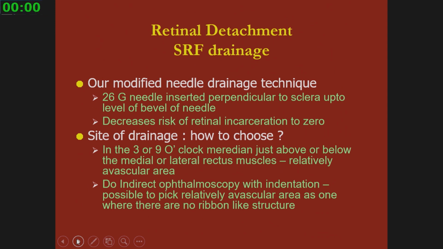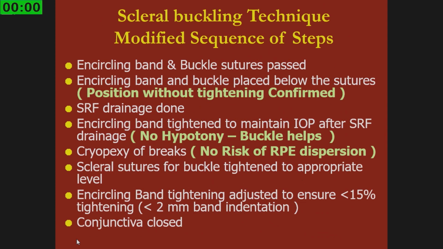Drainage, the technique we use is called a modified needle drainage. We use a needle to just make a small hole, and 100% guarantee no incarceration will occur. I can tell you over the last few thousand cases, no incarceration. But the risk of subretinal hemorrhage is always there, so do a careful indirect ophthalmoscopy, pick up an avascular area and drain from there.